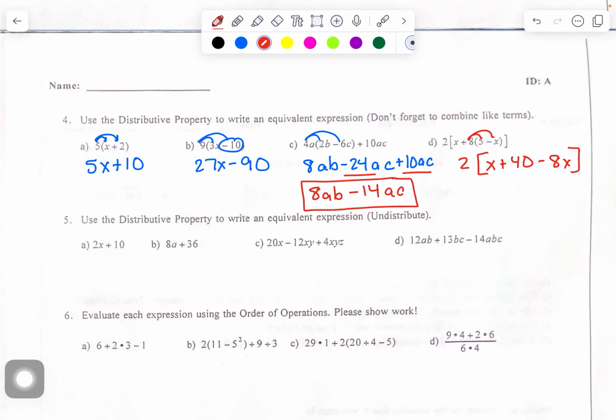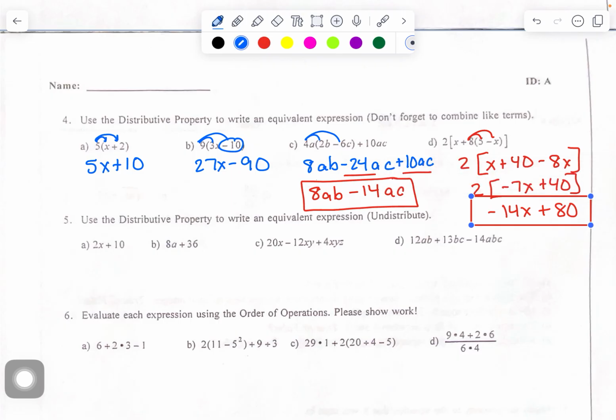It does not matter. I'm maybe going to combine the like terms, so I have less to distribute to. An x and a negative 8x would be a negative 7x, and then I would still have the plus 40. If I distribute the 2, I get negative 14x plus 80. Now, if you had 80 minus 14x, that would be okay too. Those are similar expressions because their terms are the same.